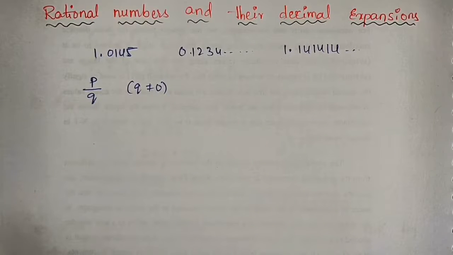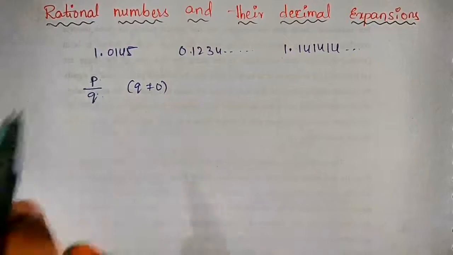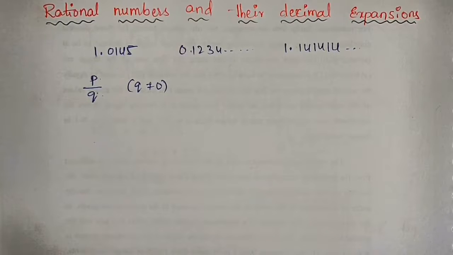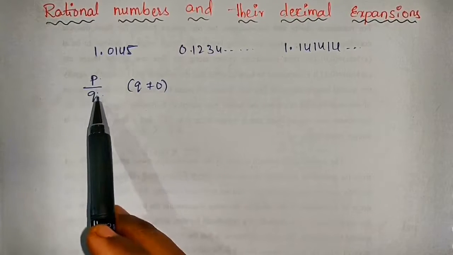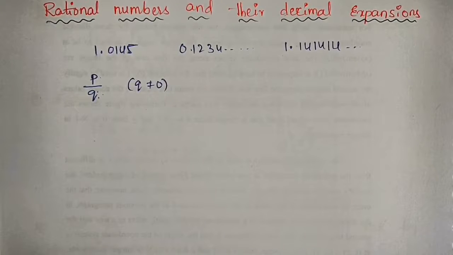We have to explore this rational number p by q exactly when this fraction is going to be a terminating decimal, or when it is non-terminating repeating or recurring decimal. We are going to learn that today.